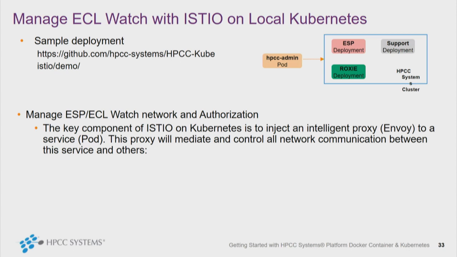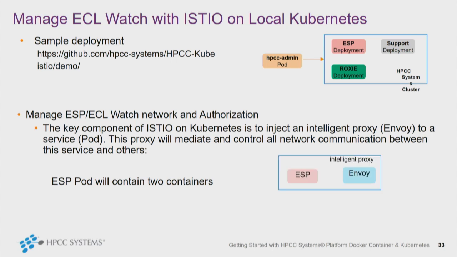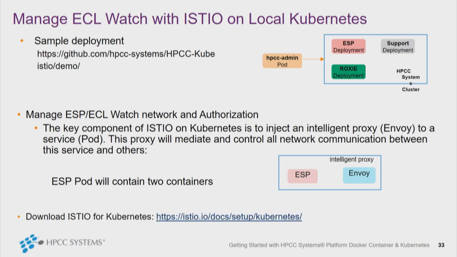This proxy will mediate and control all the network communication between the service and others. Here we are only concerned with the ESP part. The ESP part will contain two containers, as we will see. And Istio for Kubernetes, you can download from this URL.